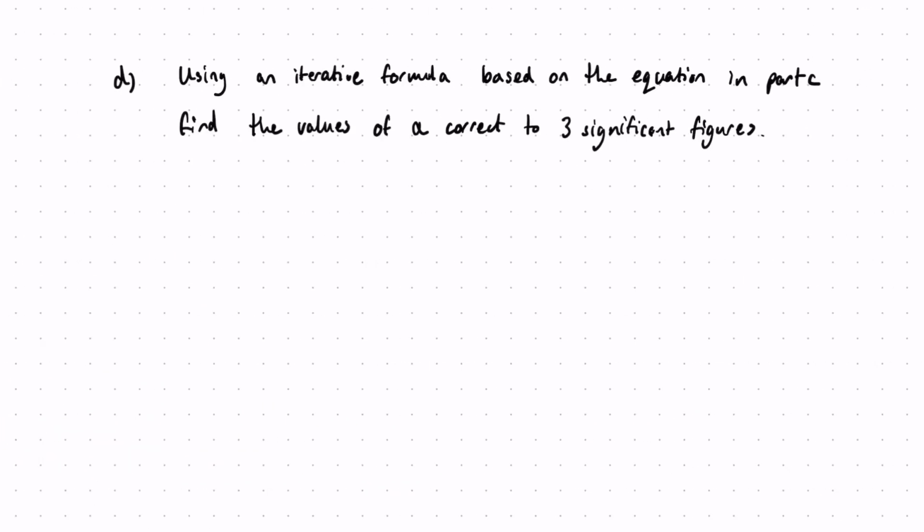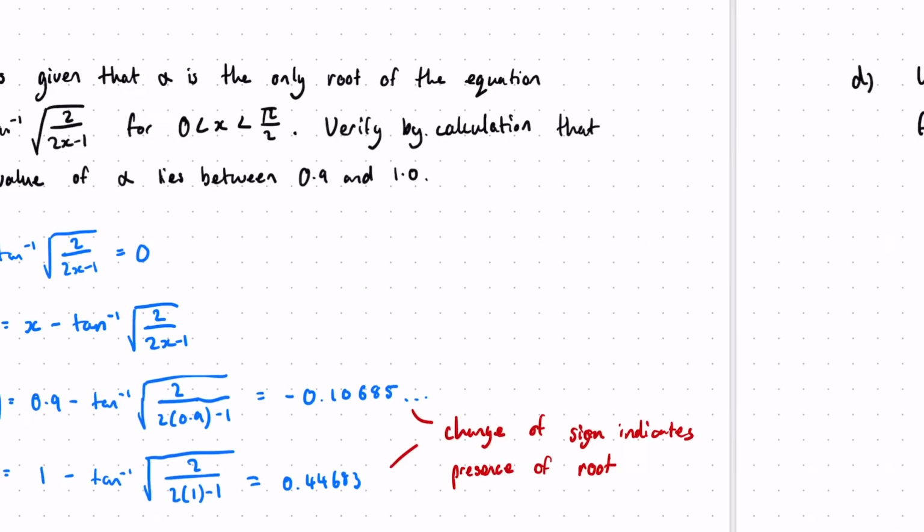So our iterative formula is going to be written x n plus 1, the next value of x, is equal to the inverse tan of root 2 over 2 lots of our current x value minus 1.